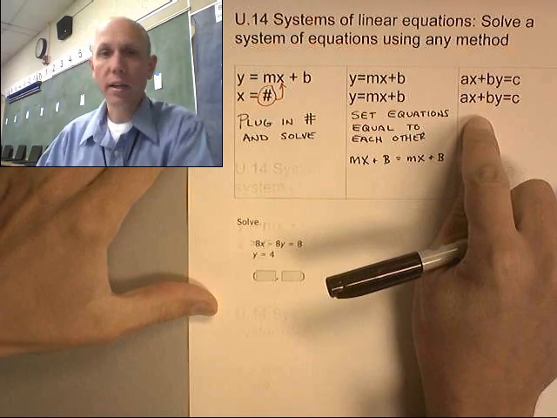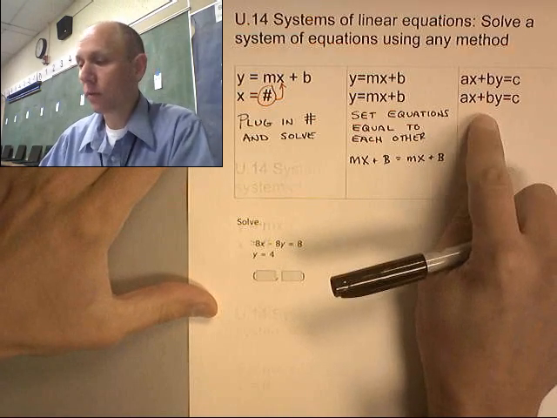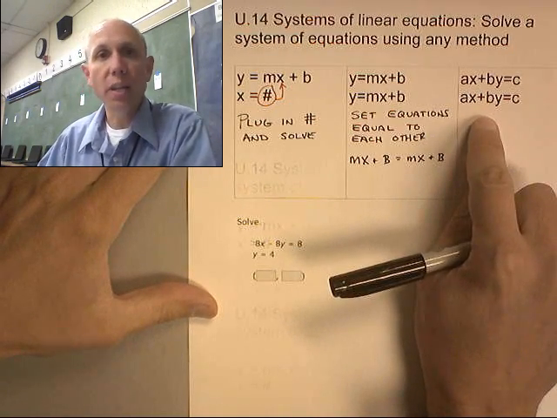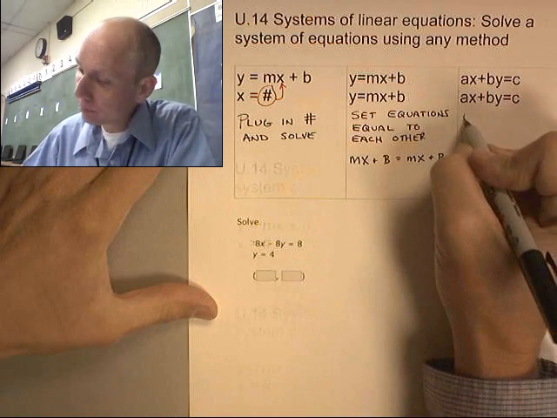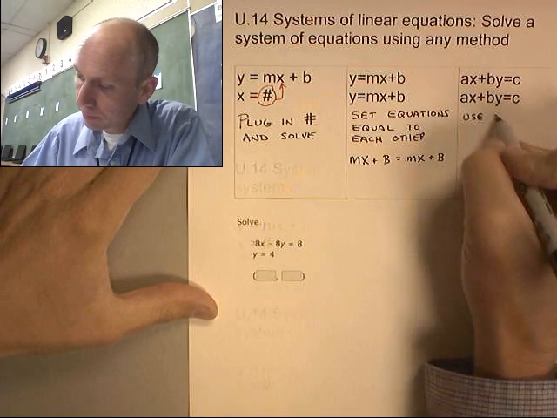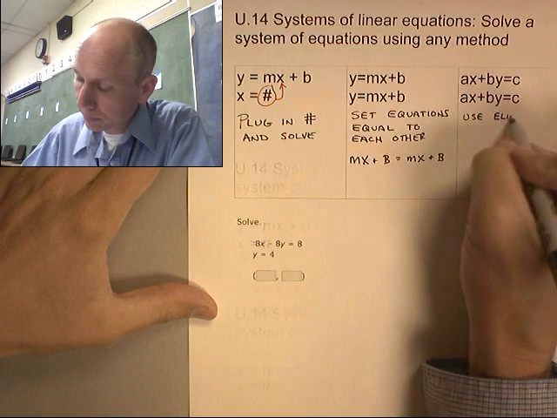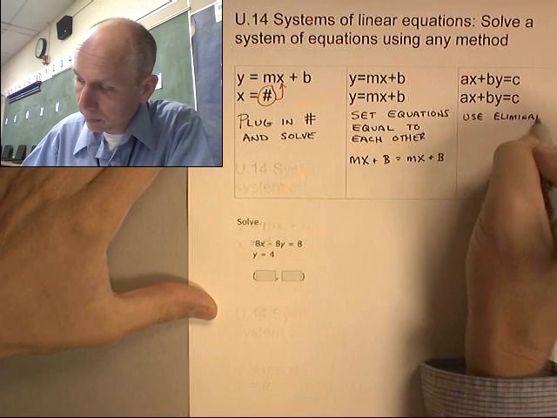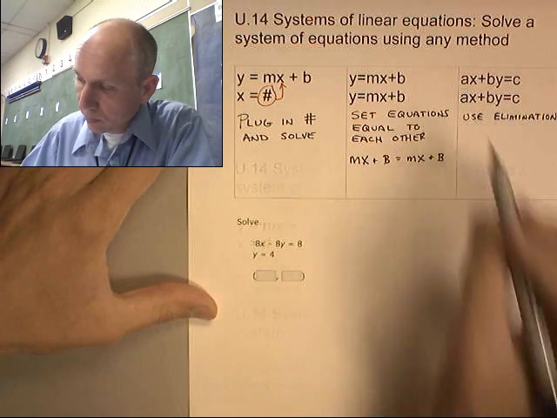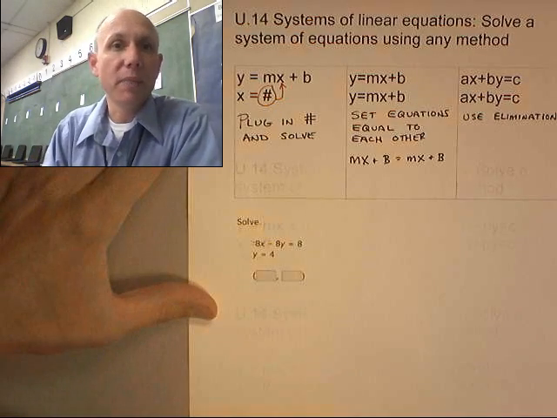And the final one, if everything's in standard form, I use the elimination method. And that's the one where I get something to cancel out.